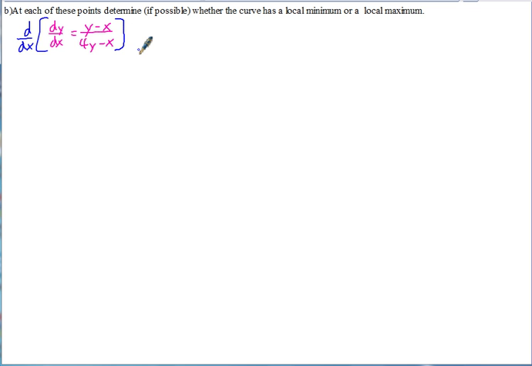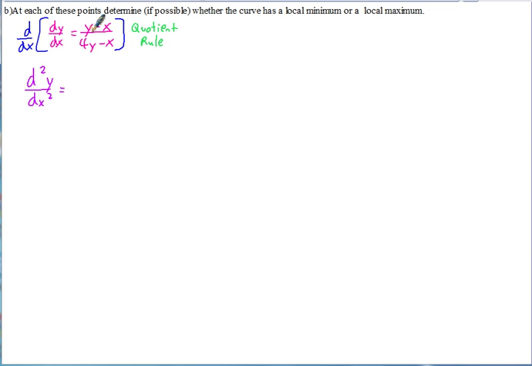Okay, and here we'd have to use the quotient rule. So the derivative of the first derivative here is the second derivative. And using the quotient rule, we take the derivative of the numerator.